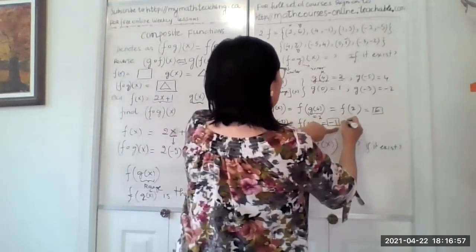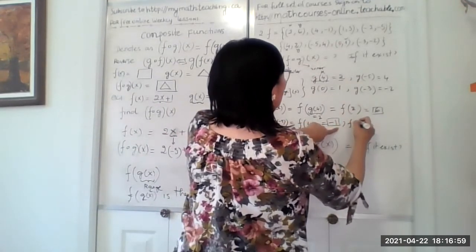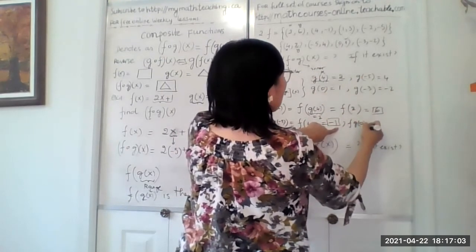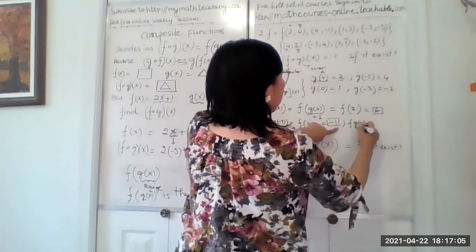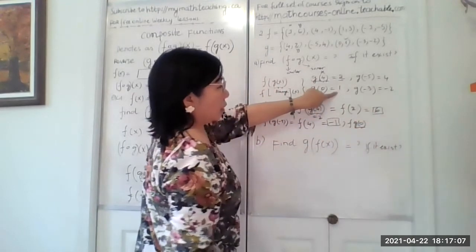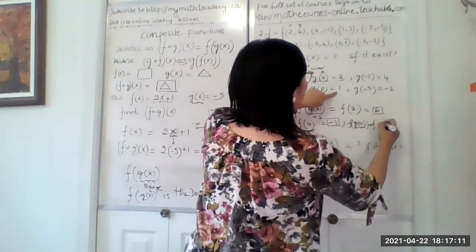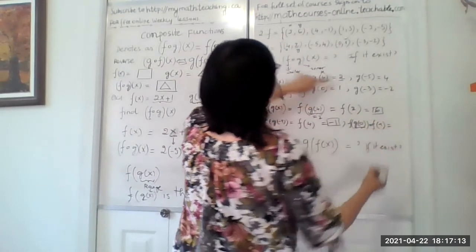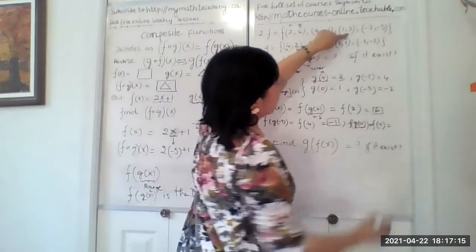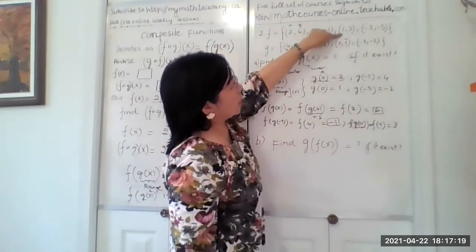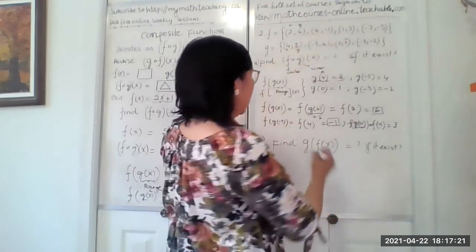Now we're going to find f of g of 0, and g of 0 equals 1. So it's the same as talking about f of 1. And f of 1 equals 3 based on this coordinate.